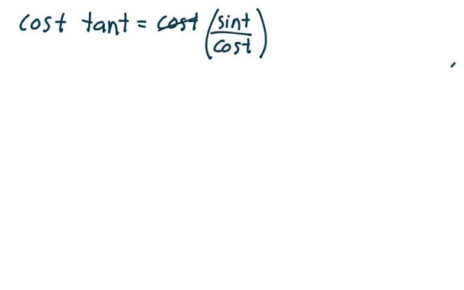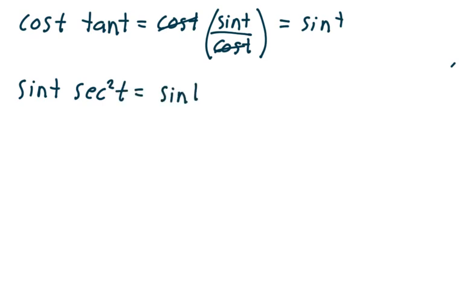But the cosine t's cancel, and you're left with sine t. And if we take a look at that other one, sine t secant squared t, well, this is sine t times 1 over cosine squared t.